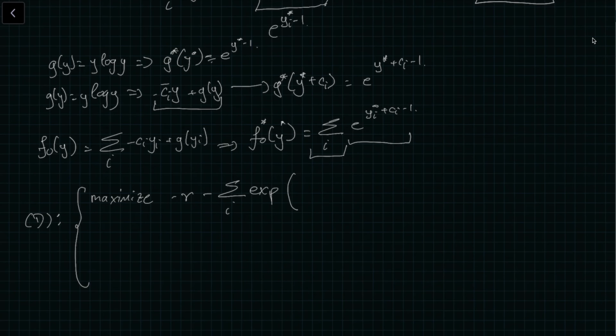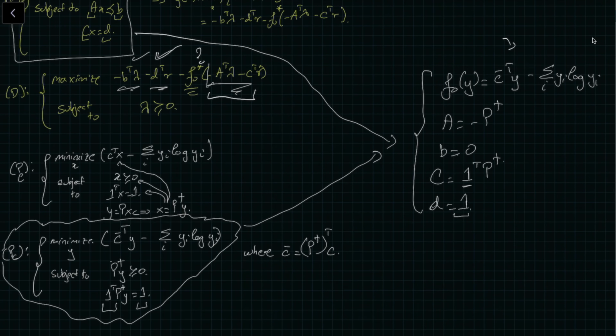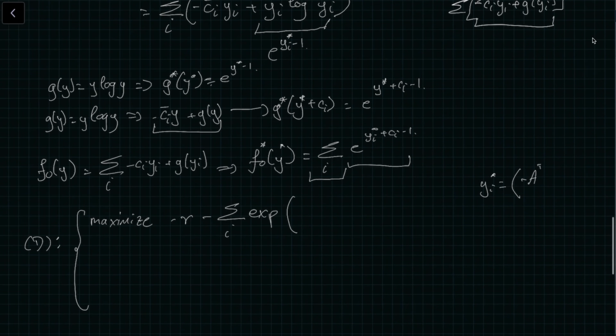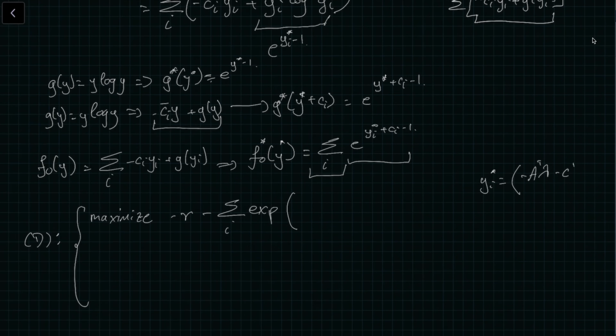And my yi star is actually the ith entry of what I have in the argument. So it's the ith entry of minus A transpose lambda minus C transpose nu. And actually, this is the matrix C and not the vector c, okay? Just in order to avoid confusion. So it's the ith entry of this guy. And I can also express this in vector form as ei transpose multiplied by minus A transpose lambda minus C transpose nu.